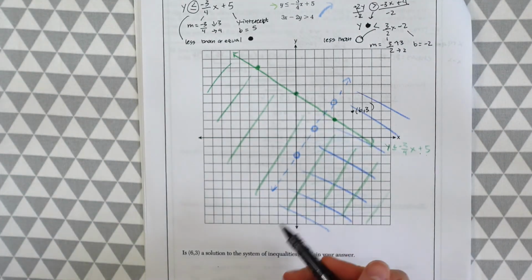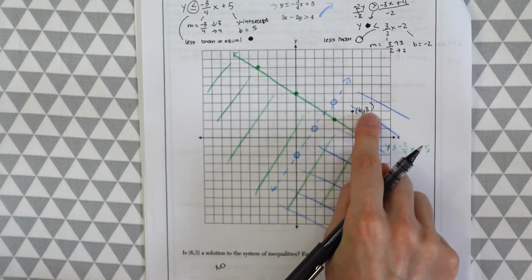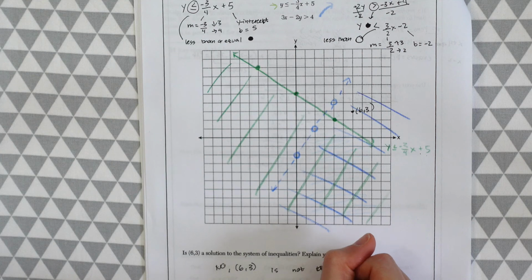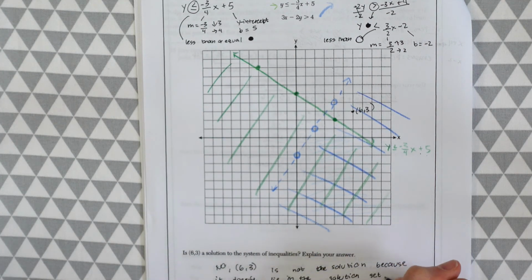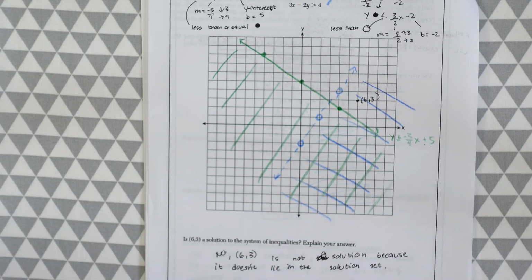They want to know, is that in the solution to the system of inequalities? The answer is no, because this is our solution in here, and (6, -3) is up there. So our answer is no, (6, -3) is not a solution because it doesn't lie in the solution set. And that's our answer.